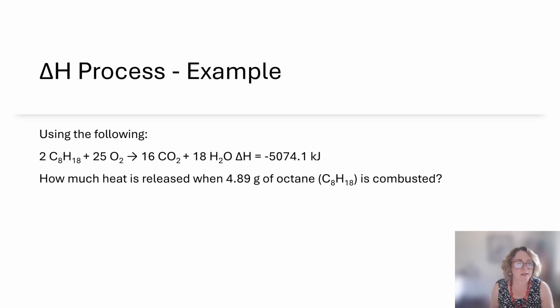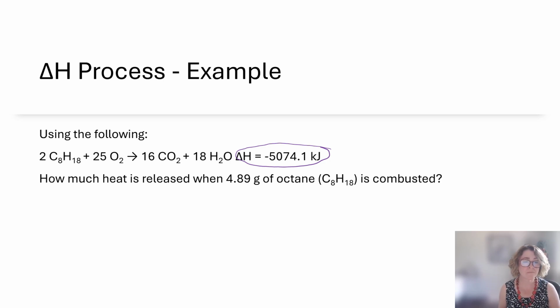In this particular reaction, I've given you the overall balanced equation, and I have given you delta H, and I've told you that delta H is negative 5,074.1 kilojoules. Now, the important thing to keep in mind with this, and we'll talk our way through the mole map, is that this is part of your overall balanced equation.